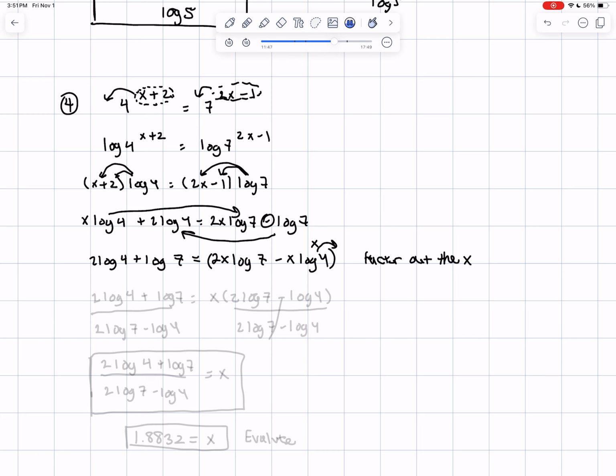So now I'm going to rewrite the left-hand side. Everything that was there before stays except for the x. Now we divide it.